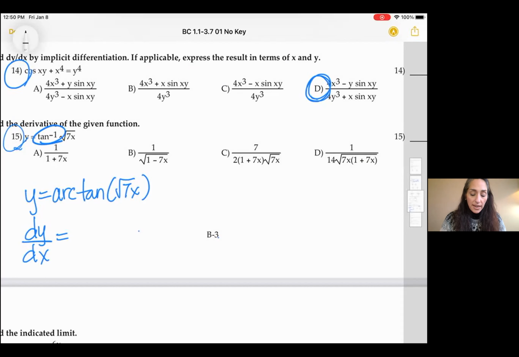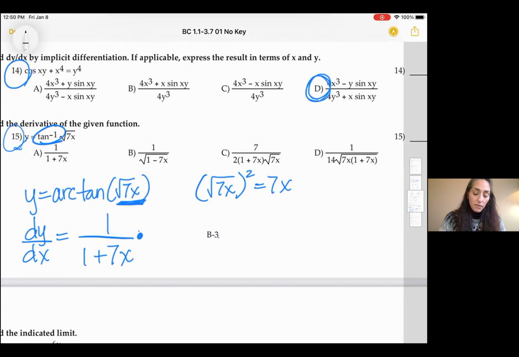The derivative of arctan is 1 over 1 plus the x squared, but this x is not just x, it's a root 7x. So it would be root 7x squared, and that is just 7x. So you put a 7x, then you need to multiply by the derivative of root 7x.